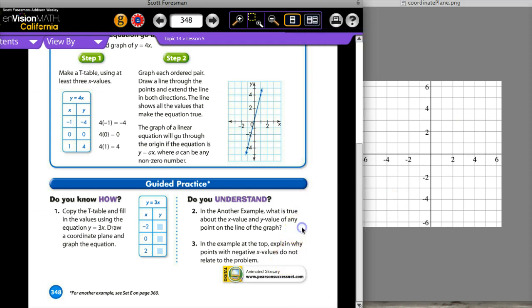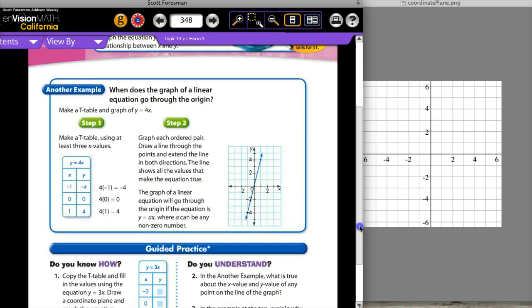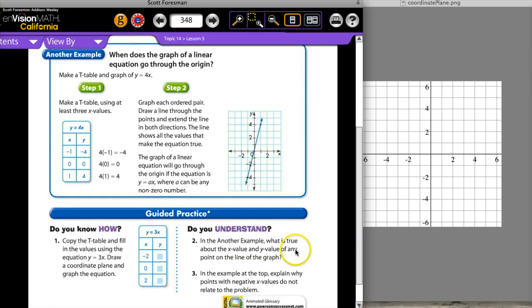Now here in the guided practice, it asks questions that relate to the information that you can find above. So here in number 2, it says in the another example, and here's the another example, what is true about the x value and the y value of any of the points on the line.